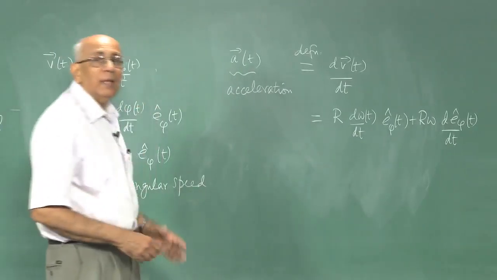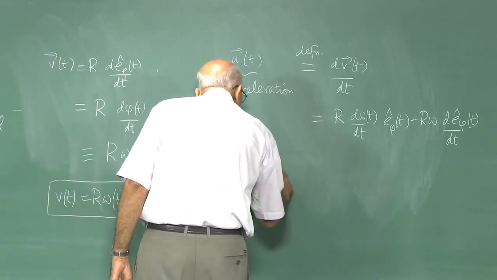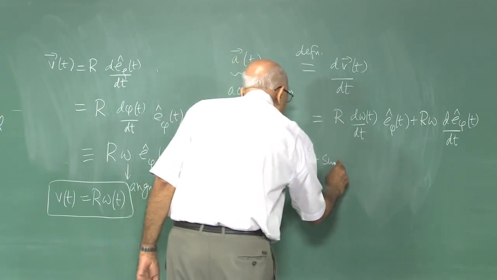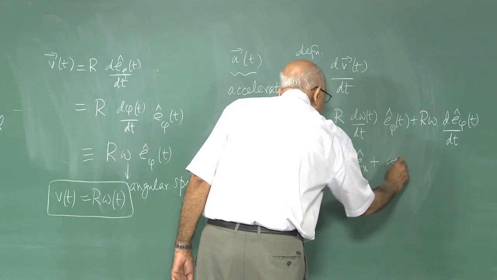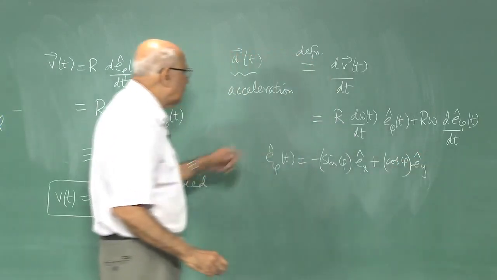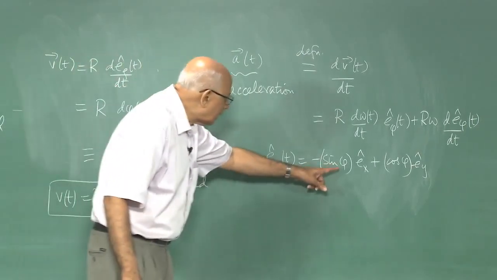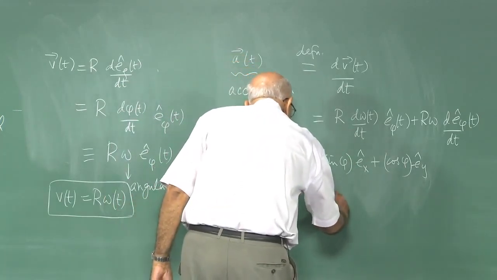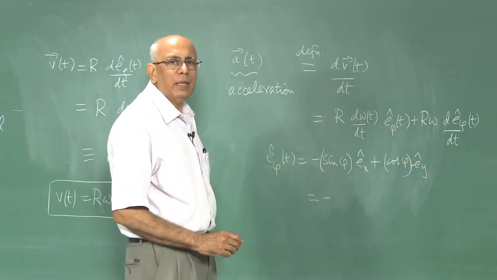As before, same argument as before, one could write down explicitly E phi of t is equal to minus sin phi times Ex plus cos phi times Ey, and differentiating this, remembering that Ex and Ey are constants, the only thing that gets differentiated is this and that. This immediately tells you this is equal to minus cos phi Ex plus sin phi Ey, which is simply E rho.